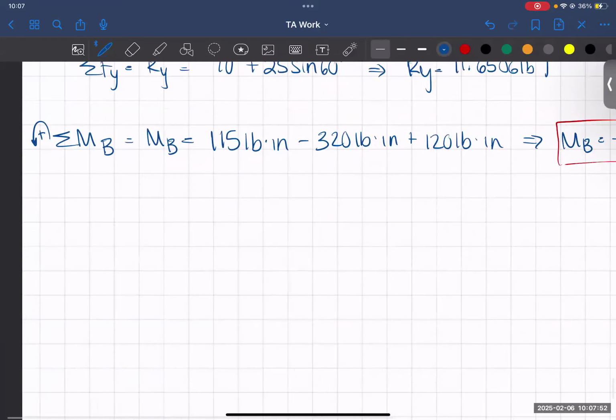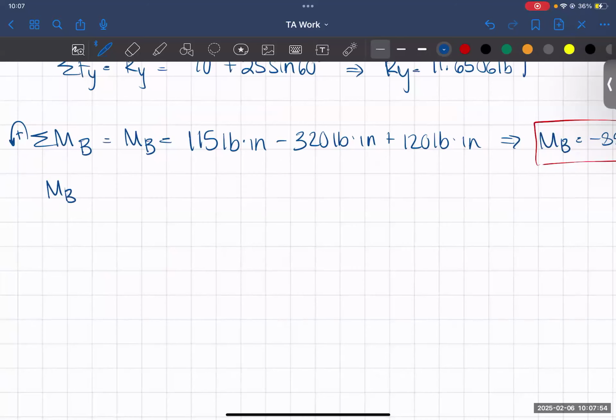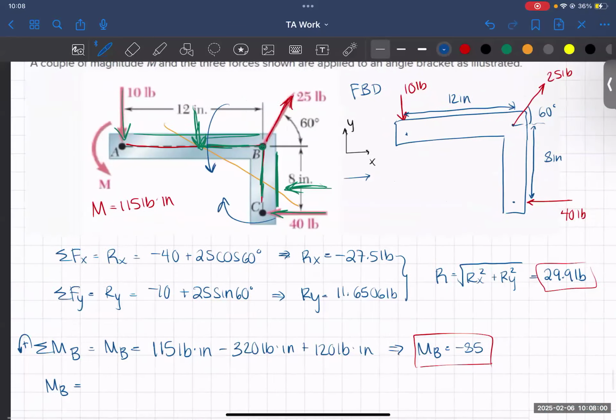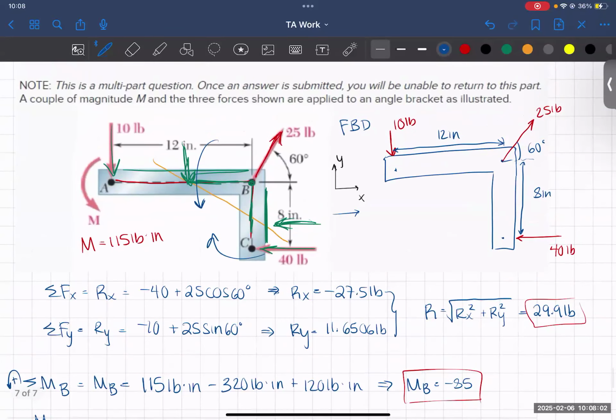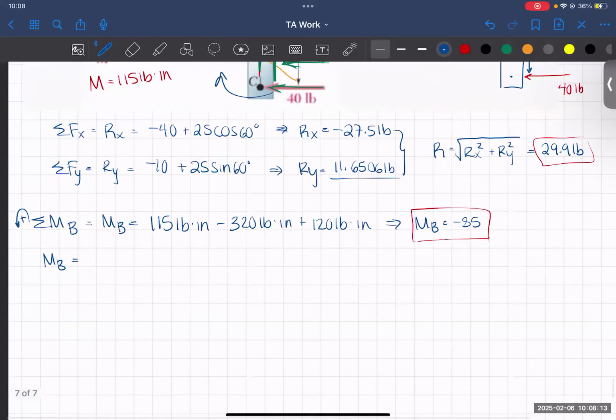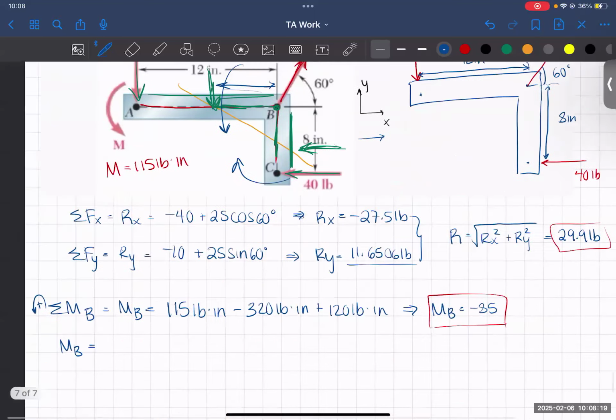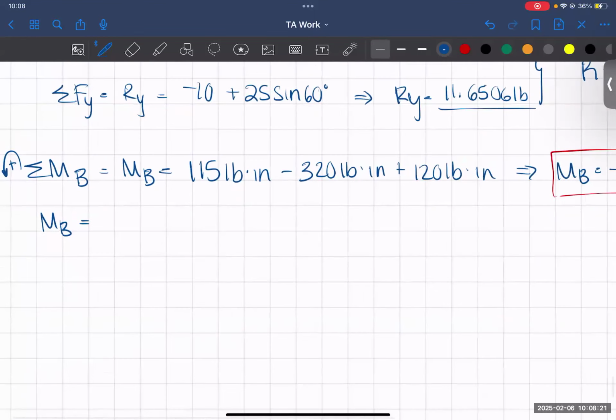MB should equal the resultant force you already calculated in the x direction and the y direction. In the y direction, it's 11.65 somewhere on the line from A to B, and that will generate a moment depending on how far from point B it is. We don't know that distance, which is what we're trying to find.